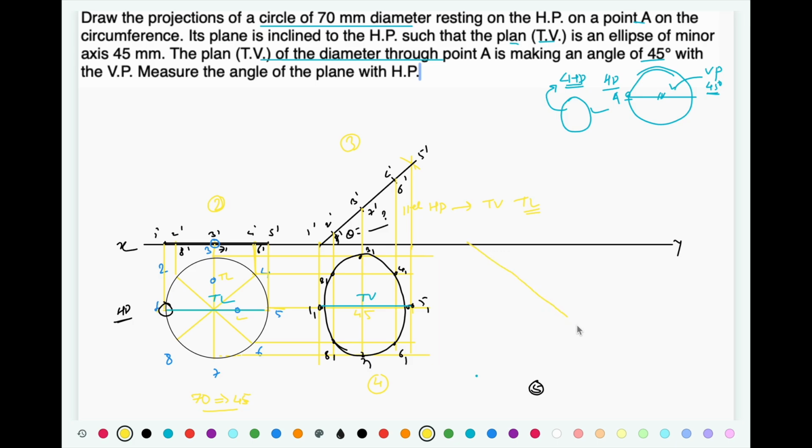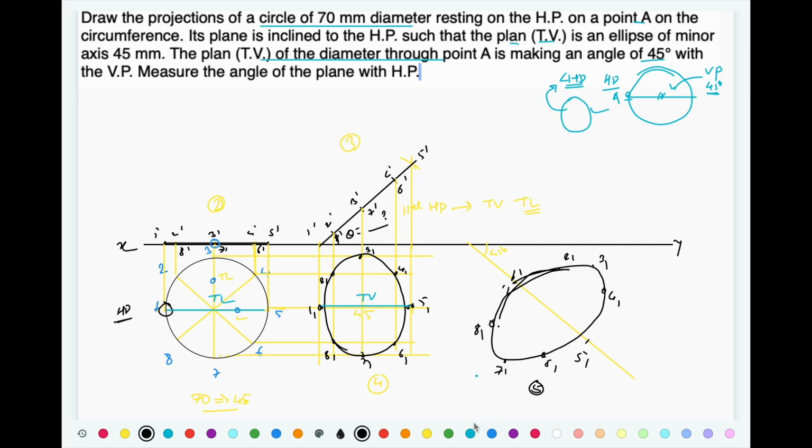So draw this line inclined at 45 degrees, and on this line locate this 1 1 5 1, and additionally locate the other points and complete this ellipse. So this is 1 1, 2 1, 3 1, 4 1, 5 1, 6 1, 7 1 and 8 1.